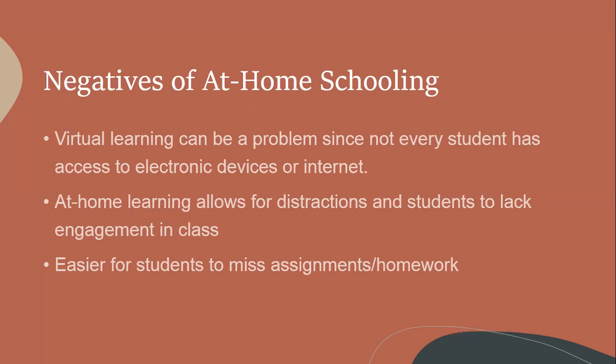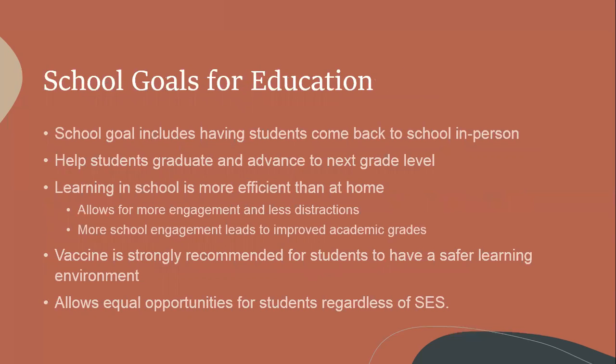Along with not being so engaged and having a lot of distractions, it allows students to miss more assignments and homework or instructions from teachers. So, our school goals for education: the school goal includes having students come back to school in person.